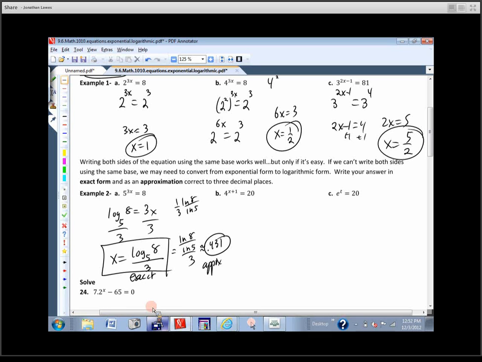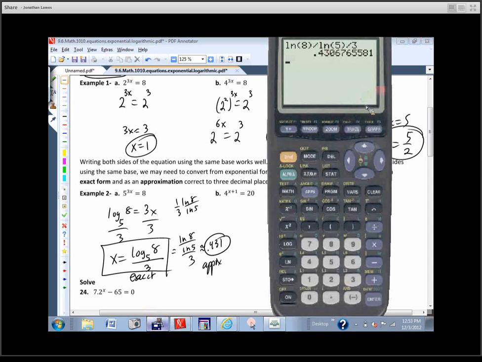Okay, now, how can you check and see if this is right? Let's take the calculator and plug it in here. Let's do 5 raised to the, that would be 3 times that last answer right there. I'm going to put in 0.431. Now, if I did this right, I should get 8, correct? Close. A little more or a little less than 8?